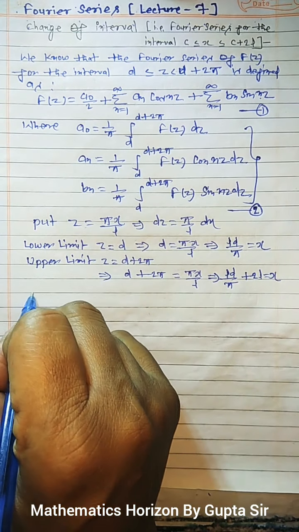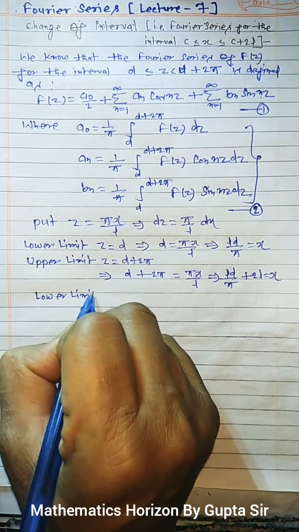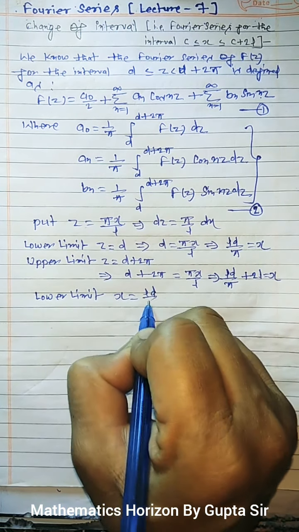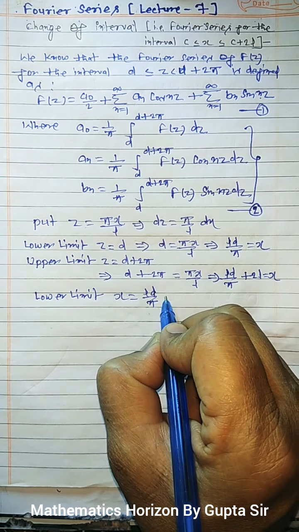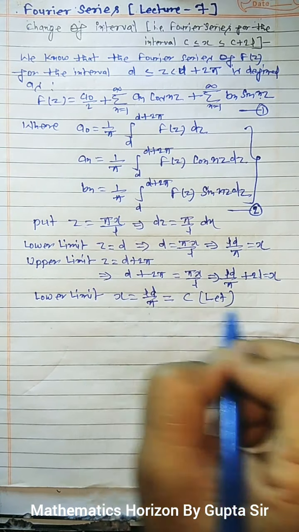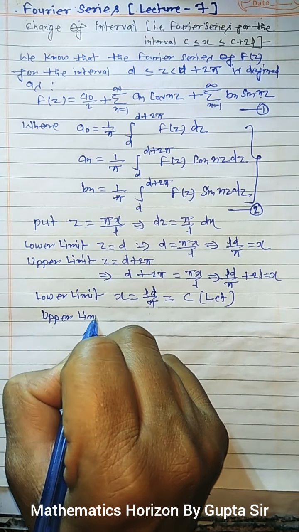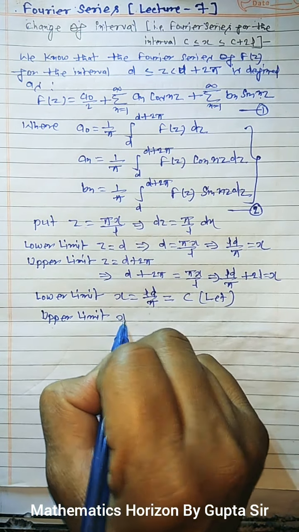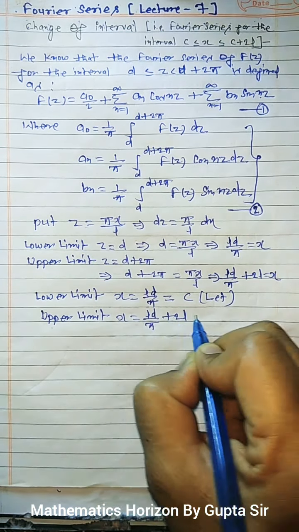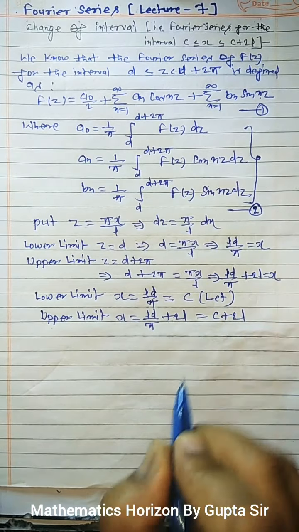What is the lower limit? Lower limit is x equal to Ld upon pi, and taking this as c. Here Ld upon pi equal to c. And what is the upper limit? Upper limit x is equal to Ld upon pi plus 2L. Here we are assuming Ld upon pi equal to c, that is c plus 2L.